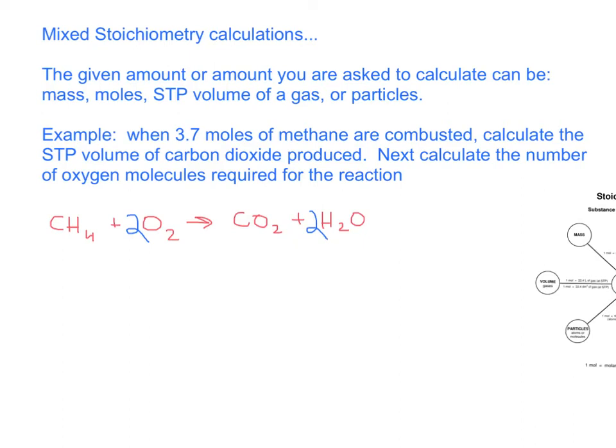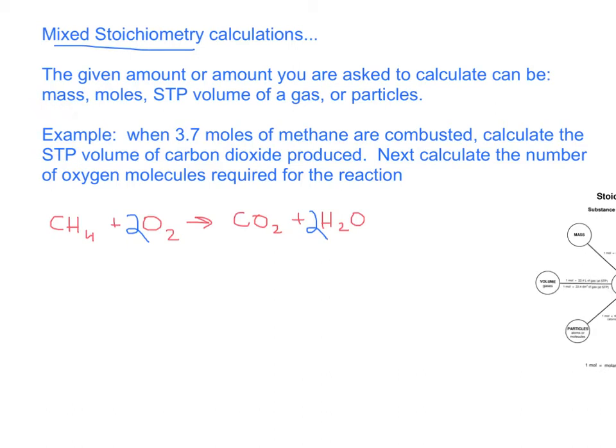So in conclusion then, I know the title of the video was mass to mass stoichiometry, but realistically we're going to start encountering, as we work through some of these problems in class, what we would call mixed stoichiometry calculations. And mixed means that the amount you're given and possibly the amount you're asked to calculate could be really any measurable quantity.